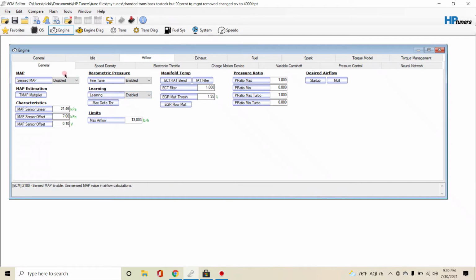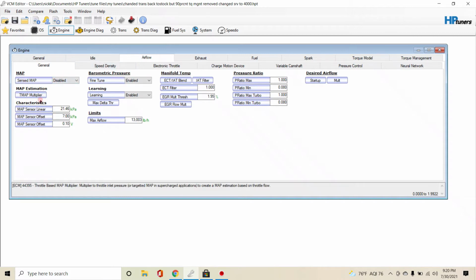This is pretty much a MAP sensor, your barometric pressure, manifold pressure ratio, and desired airflow. The reason why we have the MAP disabled but our barometric pressure enabled is because they use the same sensor. So you have to enable this and then disable this.